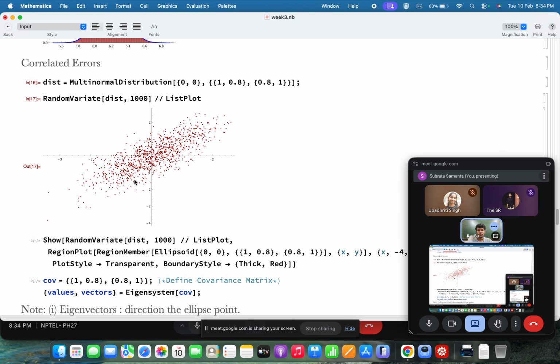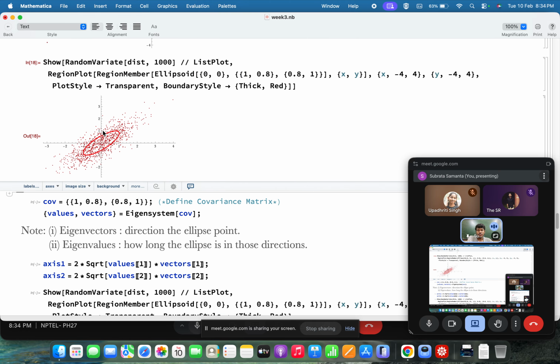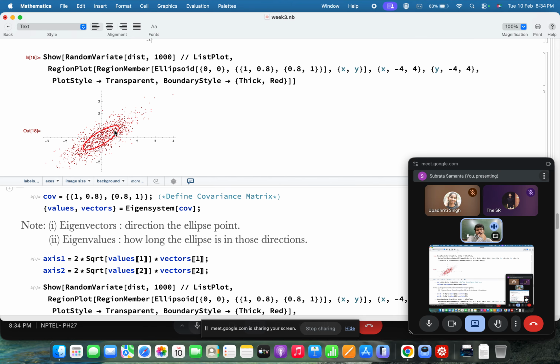In this scatter plot, the first one is the list plot and then, comma, the region plot. So the 95% of points are within this circle. This is your 95% probability region.